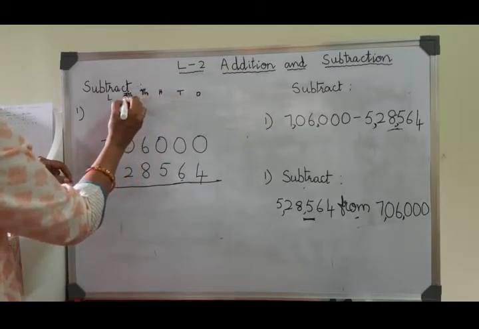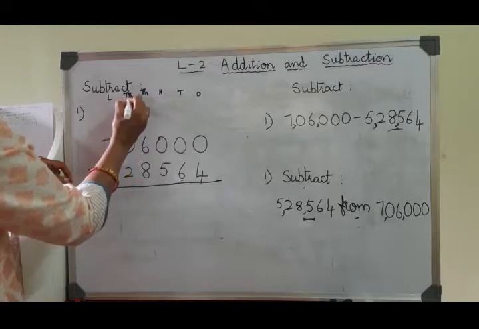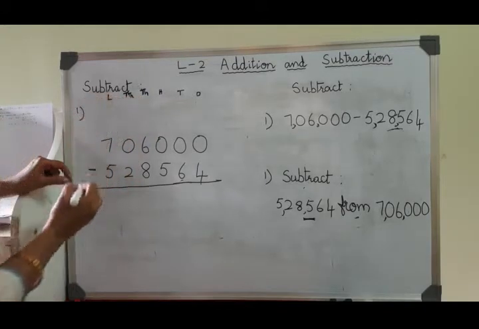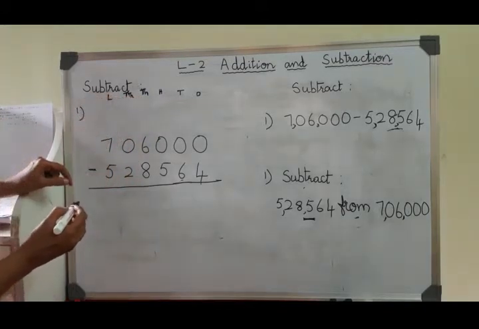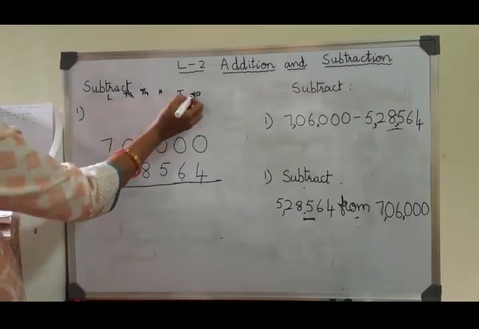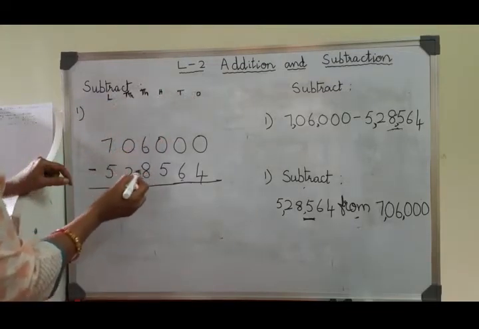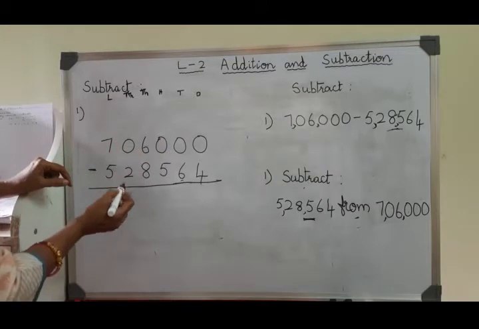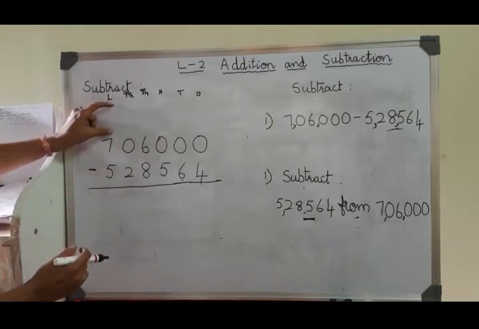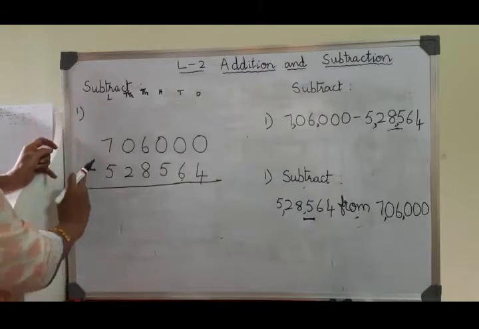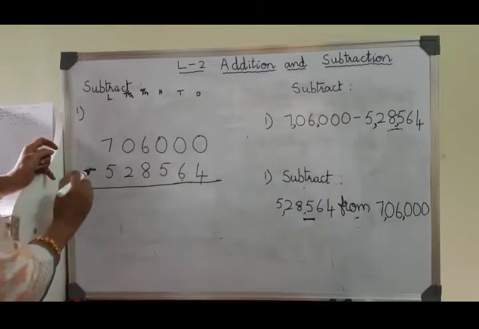For the first two sums you have to write the places. After that you need not write this row. Straight away you can write the numbers and the answer. Here you have to leave this much space to write the borrowed numbers. Immediately after the margin, please don't start.